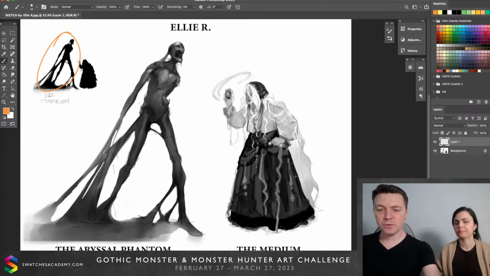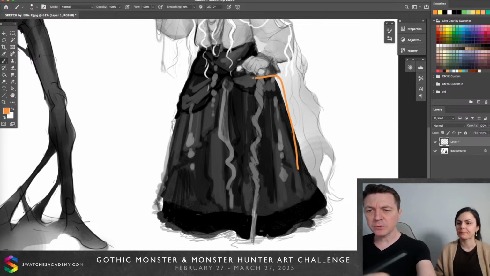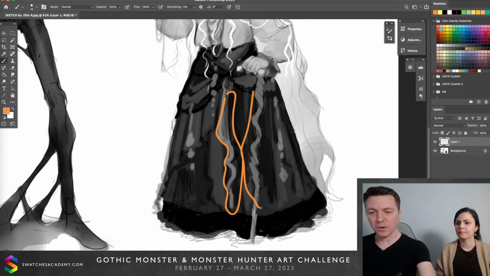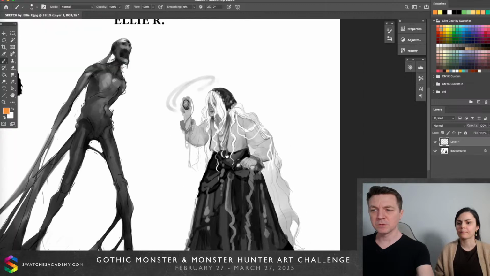And hers too, right now, the way that it's blocked in with the gray tone, I'm not entirely sure what all is going on here. It is a little hard at a glance to separate. I'm not sure what this is because it looks a lot like this, but I'm sure that's not a cane. I can tell that that's a cane. So it does need development there to see that.